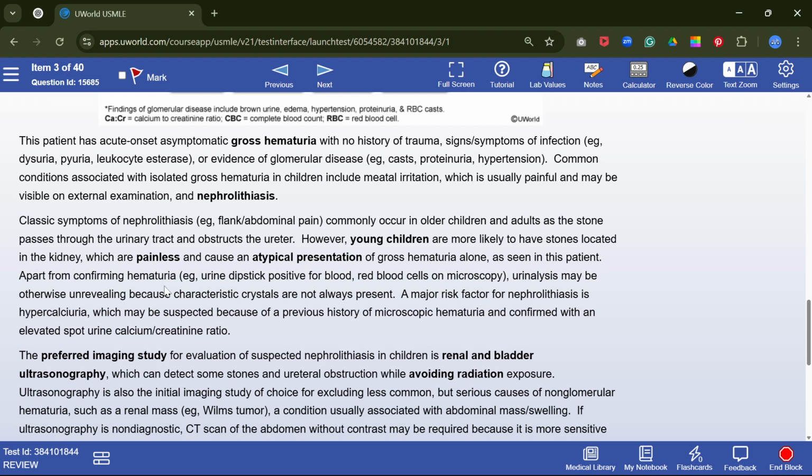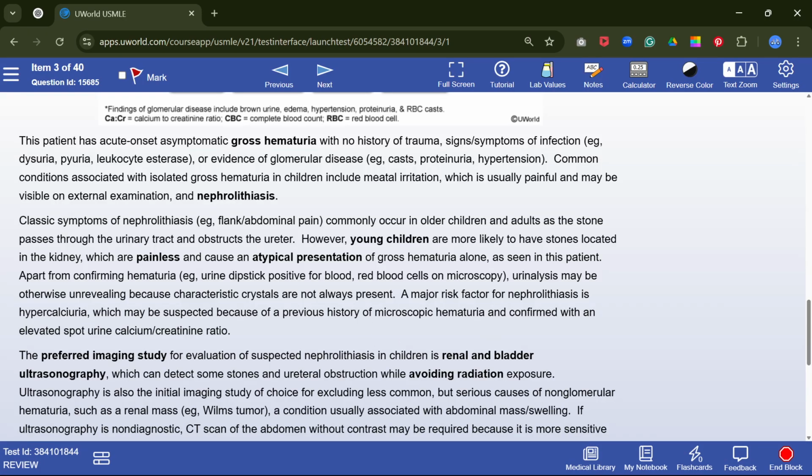Apart from confirming hematuria with urine dipstick positive for blood and red blood cells on microscopy, urine analysis may be otherwise unrevealing because characteristic crystals are not always present.